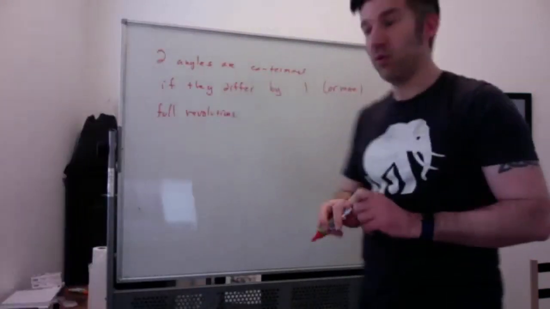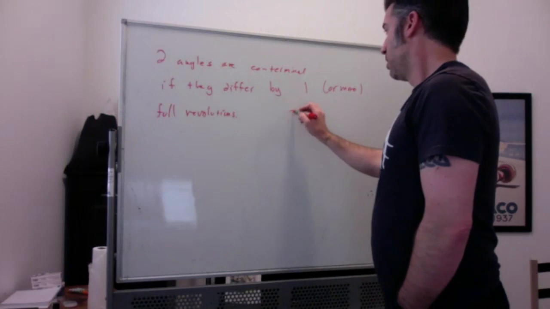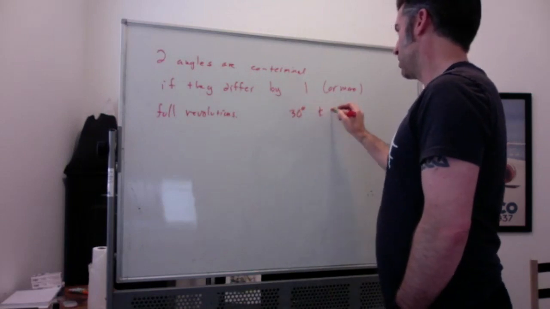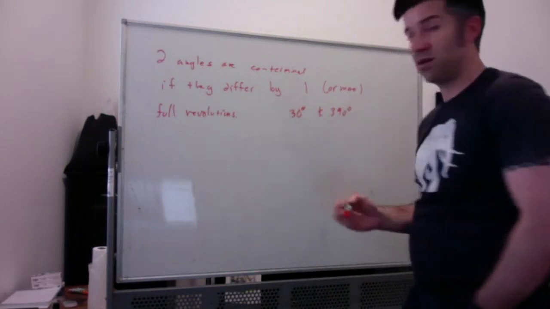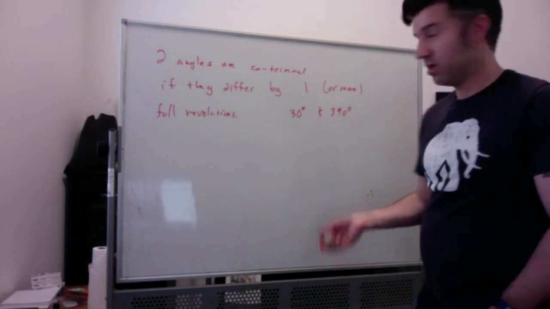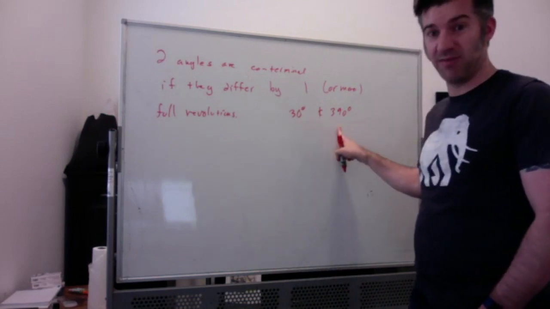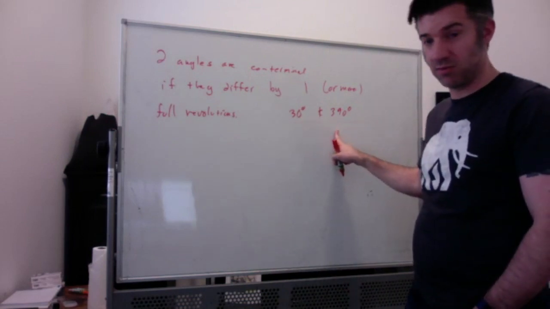So for example, 30 degrees and 390 degrees are coterminal because their difference is 360 degrees, which is 1 full revolution.